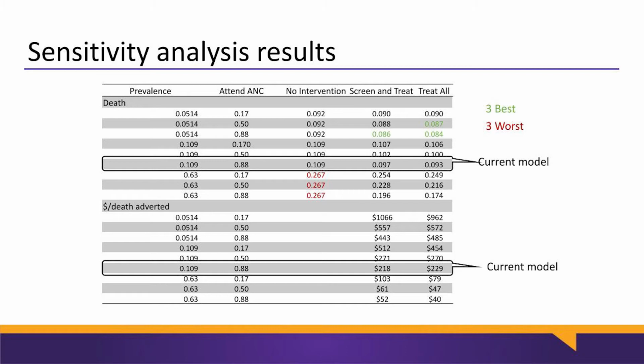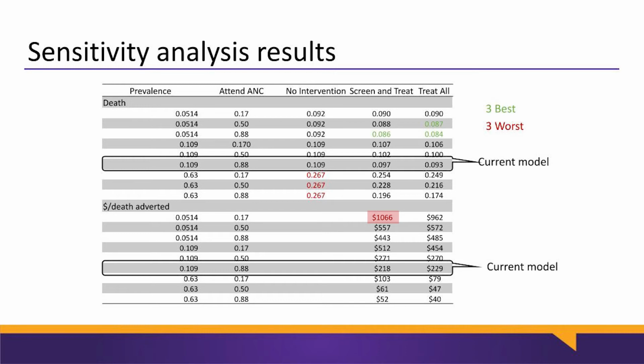You know, how big the number of deaths prevented is when we have such inputs as we have off to our left. And then down below, you see our incremental cost effectiveness ratio. And you can see that when we don't have a very high prevalence and we don't have a lot of people coming into the clinic, the incremental cost effectiveness ratio is over $1,000 or close to $1,000.